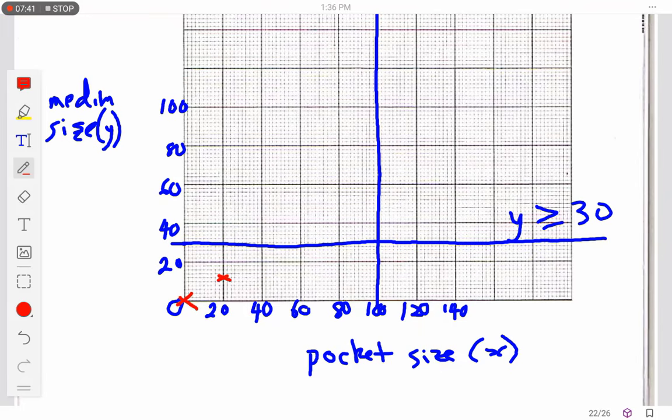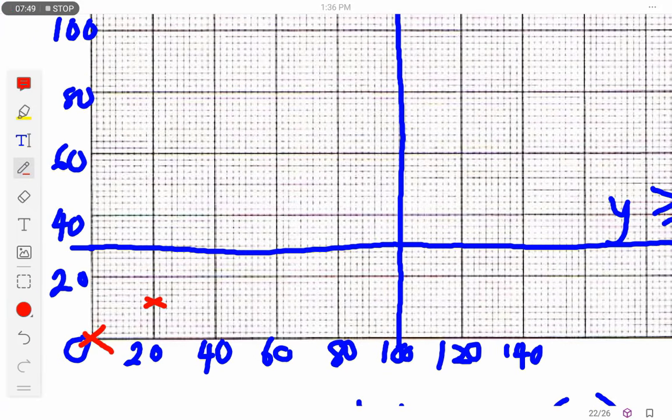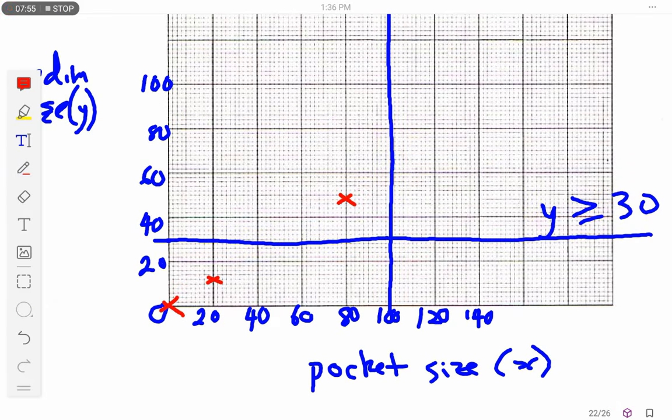So 80 is this one, 48, that's 40, 48 would be like, let me just zoom in, it's 4 boxes up there. Okay, so this will do. I'm just doing this so that it's easy for me to draw, and it's also going to be a straight line, not broken, because of the condition we are given there. So this is our y is less or equal to 0.6x.